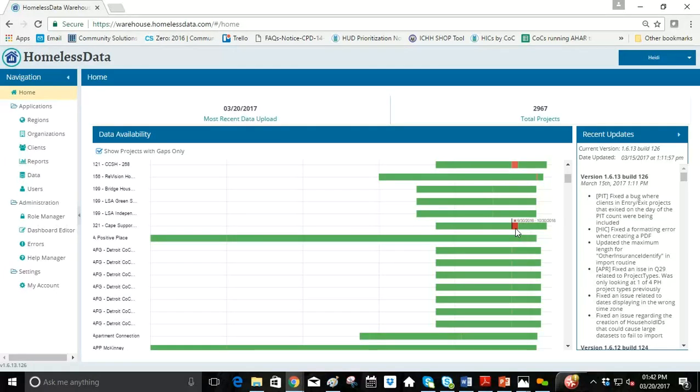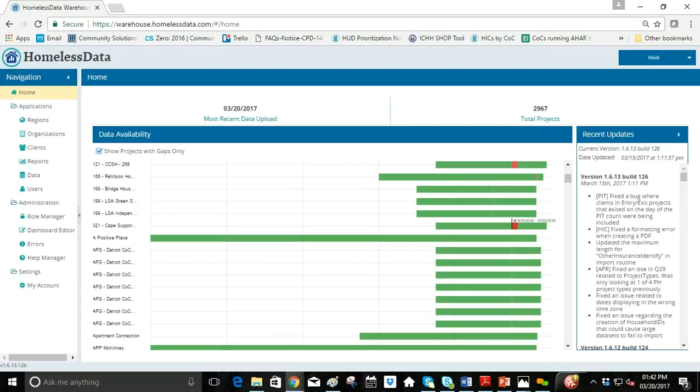So we do encourage people, especially administrators, to look at this home screen, use that filter to show projects with gaps, and then going forward, try to get a comprehensive data picture in there. Again, the look back stop date, as they call it in HUD parlance, is October 1, 2012.